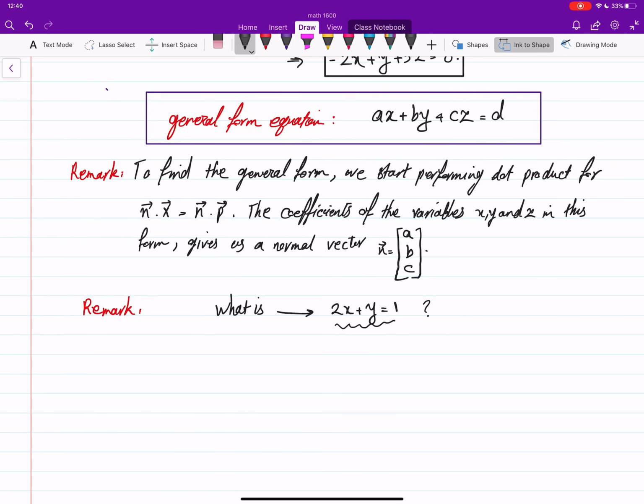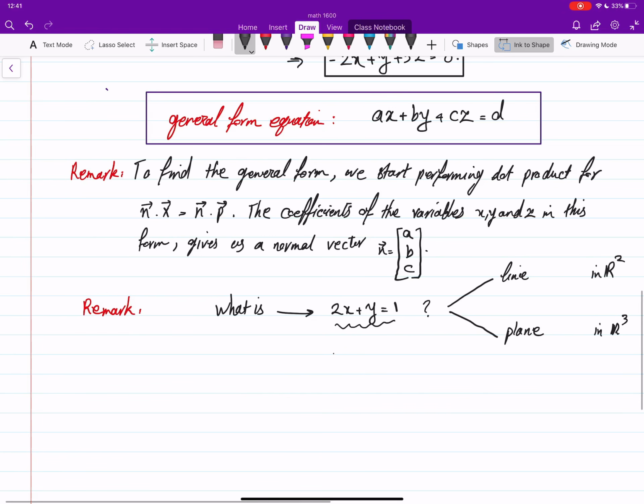What makes it a line is if you know that it is in R2. In R2, 2x plus y equals 1 gives us a line. In R3, however, this gives us a plane.